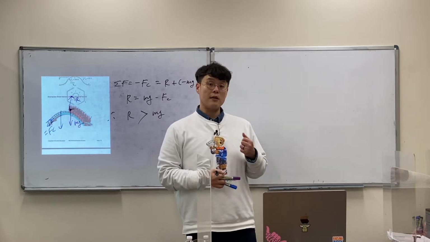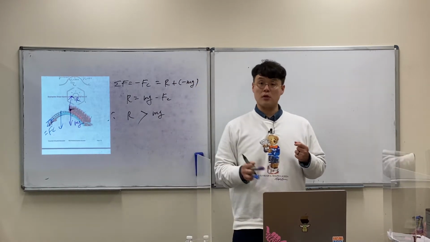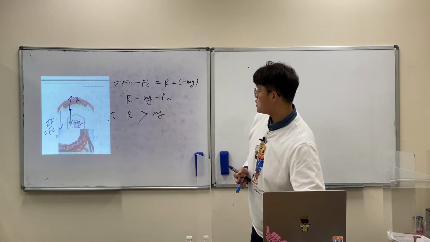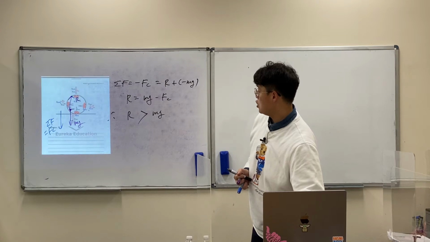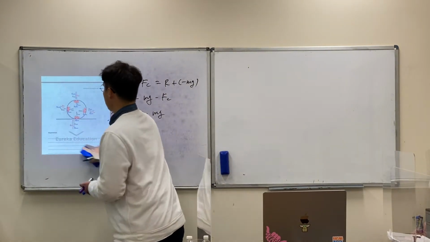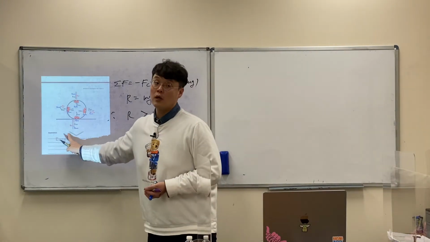So this is another application of circular motion in a circular track like that. On page 72, it's showing you the different types of circular motion, and the explanation is basically what I showed you before.